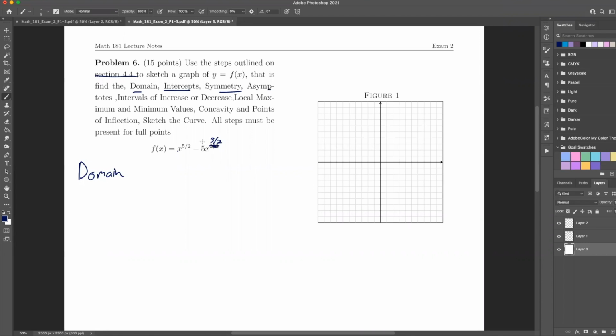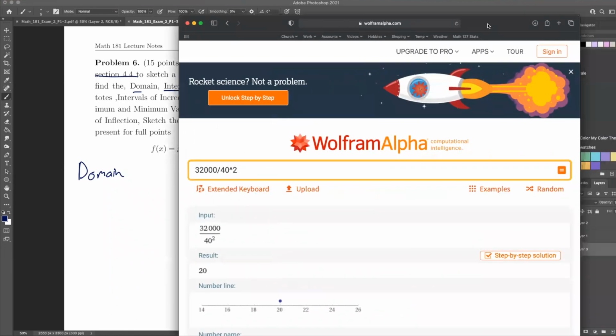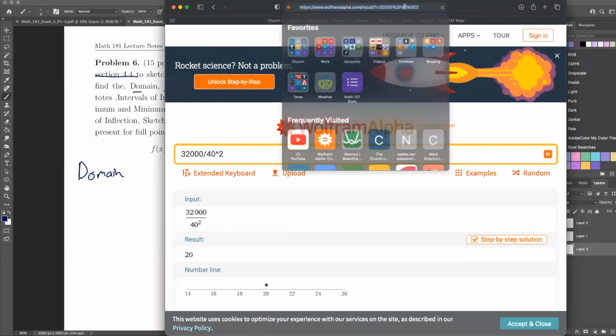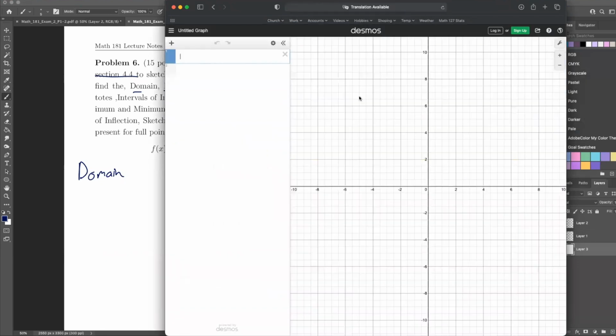All right, so here, what is the domain of this? Well, my honest suggestion, and I'm going to do this just so we have it up to look at the whole time, is graph it first in a computer and then work out why it should look like that. So let's go to Desmos real quick. There we go.